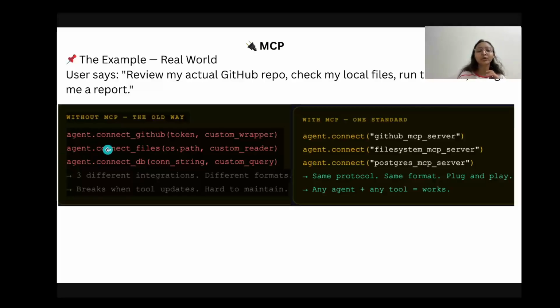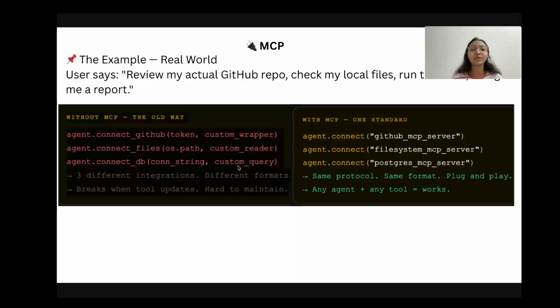Then we need to write separate code to connect with GitHub, separate code to connect with local files, and then separate code to connect with the database. So if we are not using MCP, we need to manage three different servers in different code.